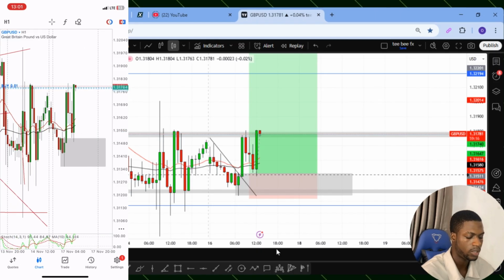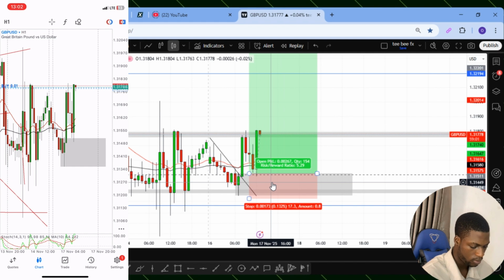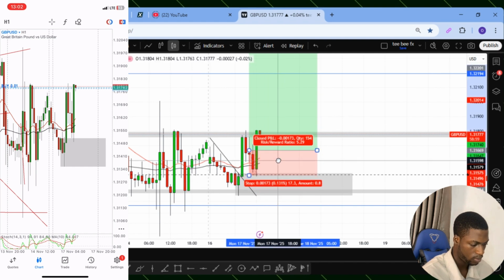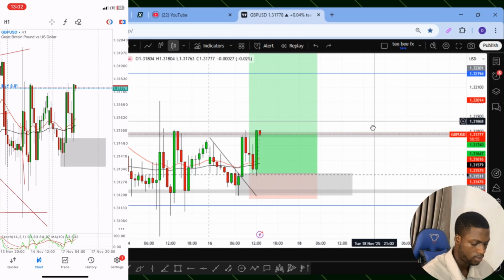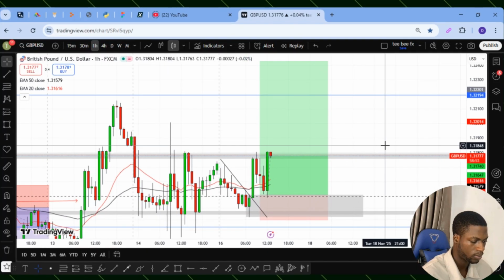I've entered 0.03, and my stop loss is around 20 pips. Let's see how this thing is going to play out.